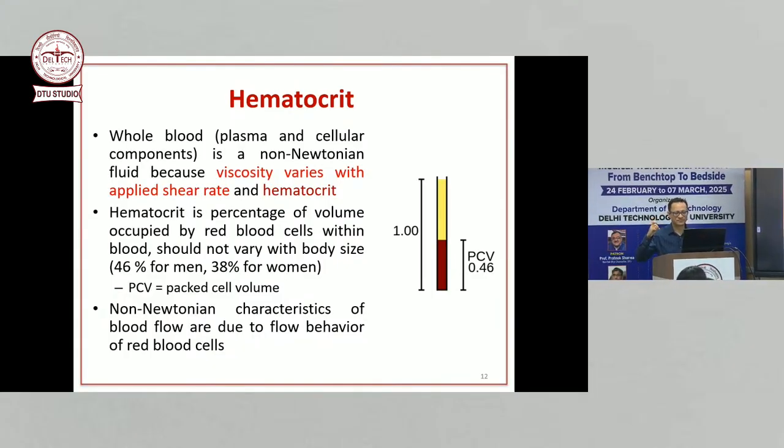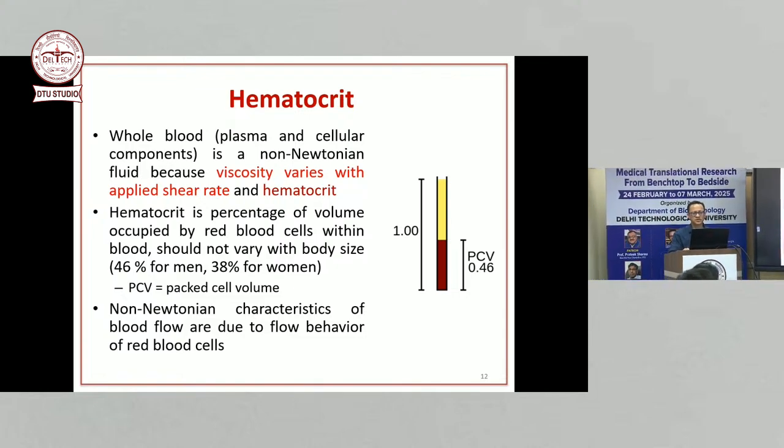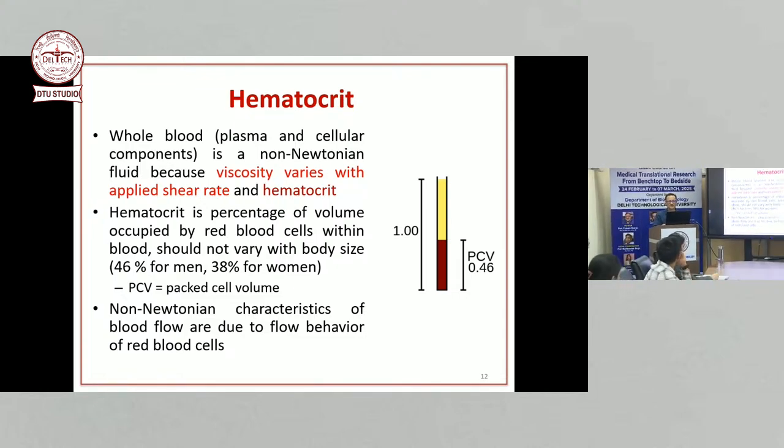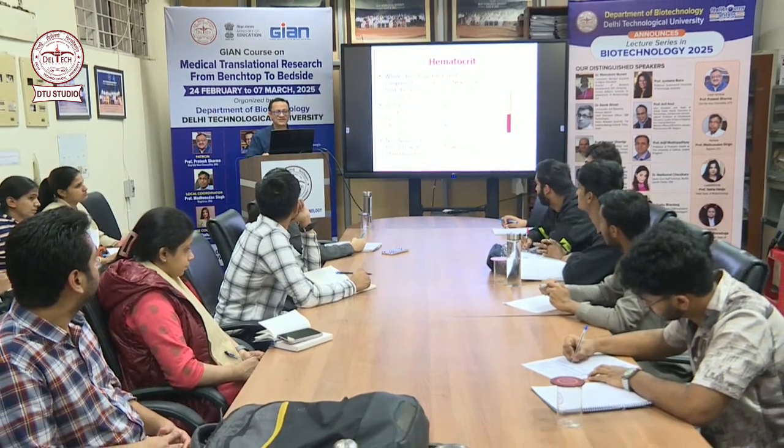So does this depend upon hemoglobin? Yes, so red blood cells, right? Non-Newtonian characteristics of blood flow are due to the flow behavior of red blood cells. You guys know Newtonian and non-Newtonian fluids, right? What else do you know that is non-Newtonian? Cornstarch.